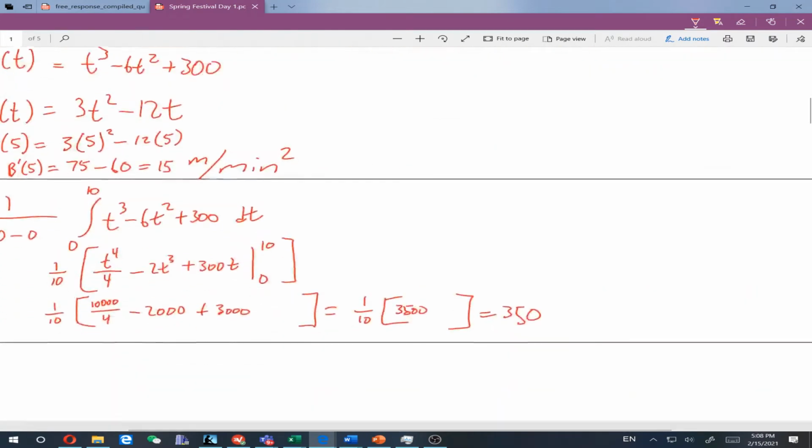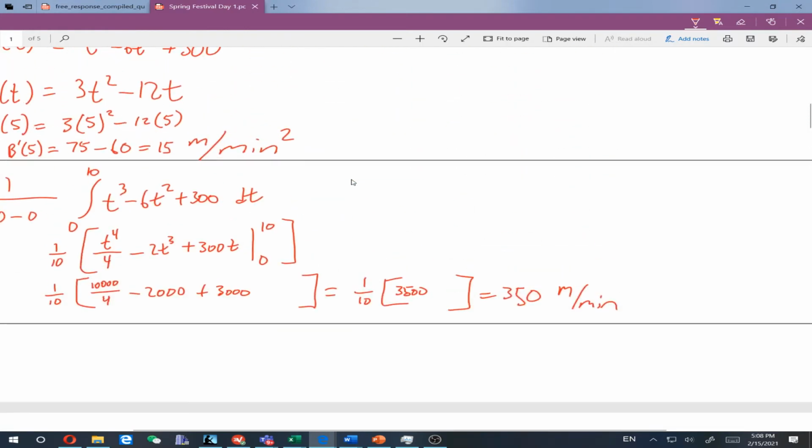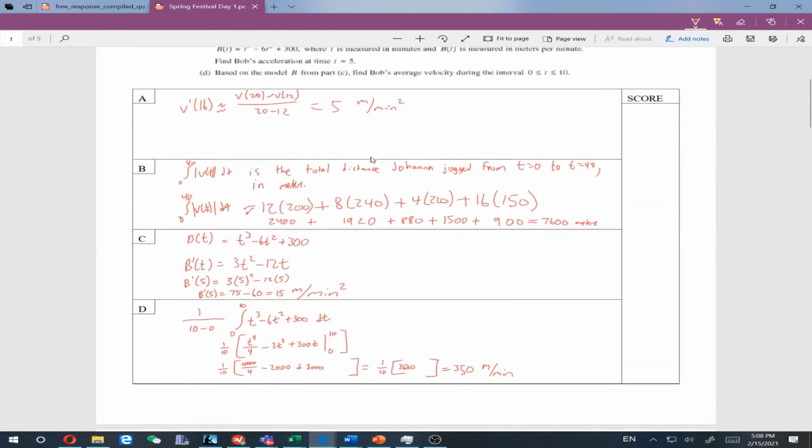Meters per minute, perfect. Okay, any questions on the first one? Zoom out here. Or anything you guys want me to discuss?